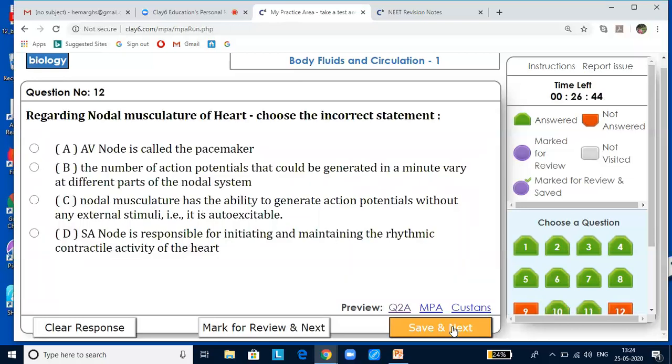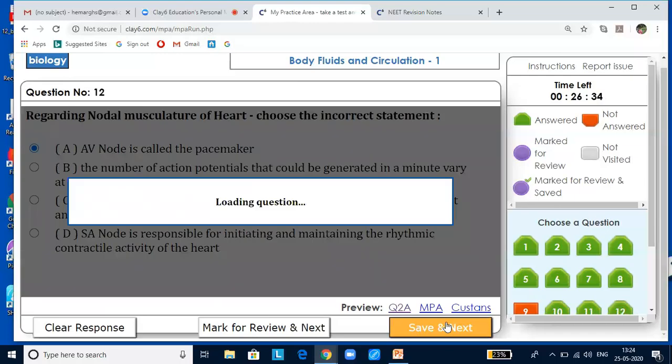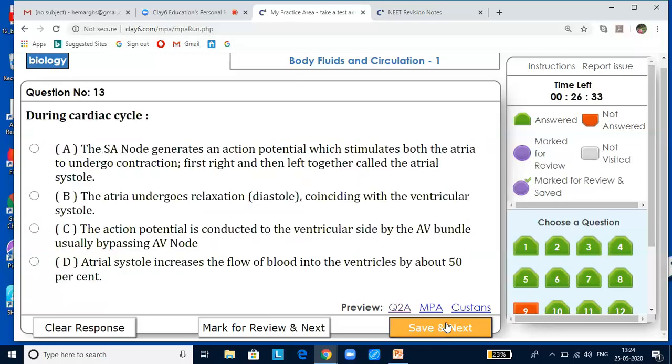Regarding nodal musculature of the heart, choose the incorrect statement. The node is called the pacemaker, the pace setter. Sinoatrial node is the pacemaker. During the cardiac cycle, atria undergo relaxation coinciding with ventricular systole.